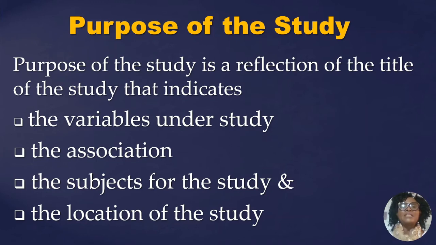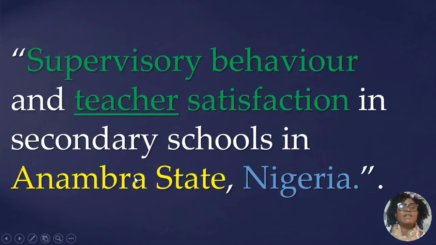So in a study that has these two variables, there must be an association, an action word that will join them together, and that is what we call the association. Then you must also make sure that the purpose of study reflects the subject. A good purpose of study will tell us the people you want to study, and it will also tell us where you want to carry out the study. These are very, very important.